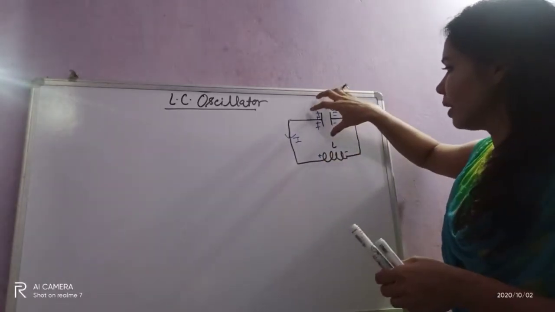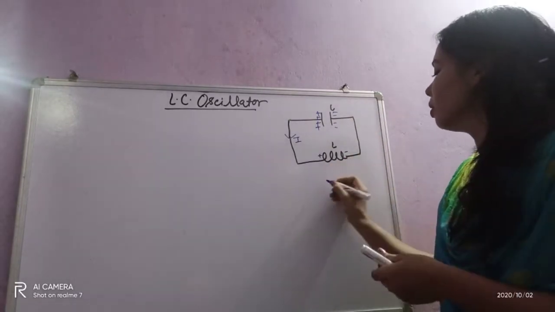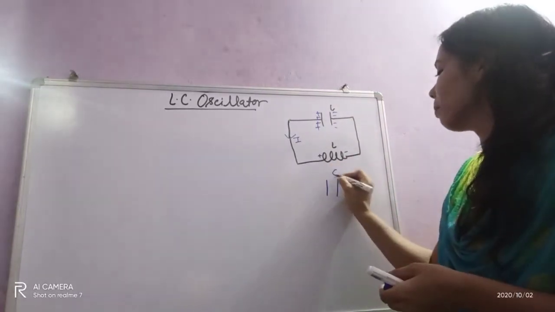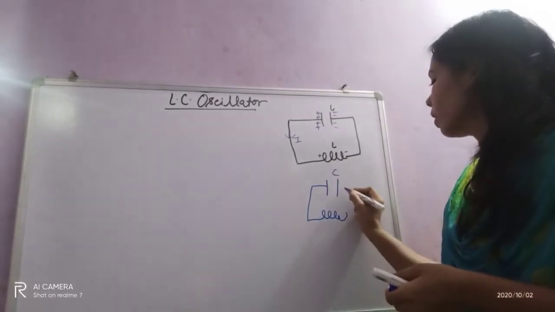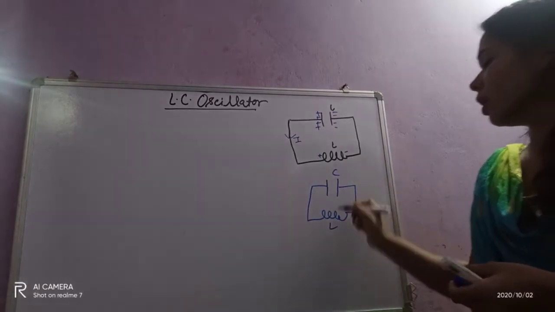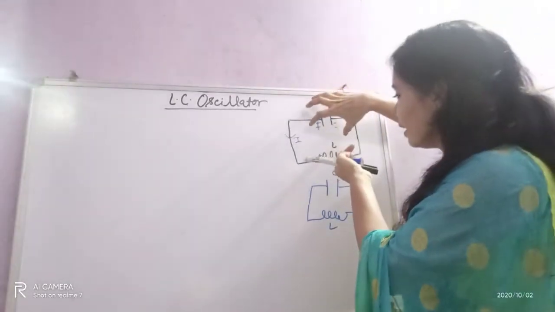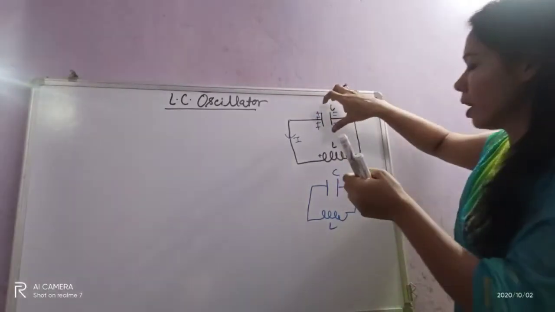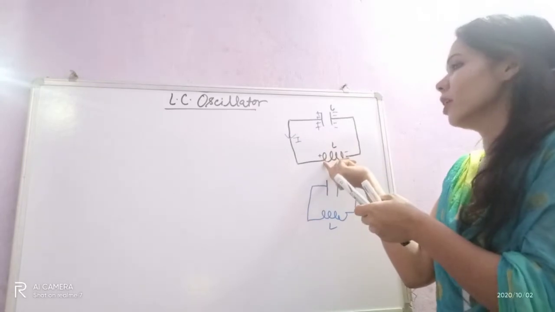So finally what will happen? This capacitor will be discharged. Now what will happen? The electrical energy that this capacitor had has been converted, since it is creating an induced EMF.